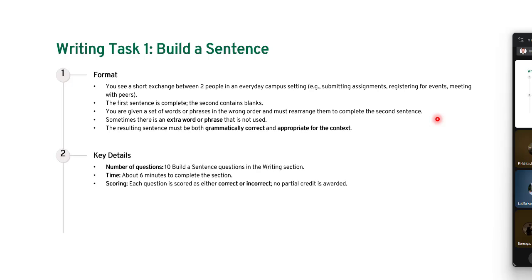The number of questions is 10, and the time is around 6 minutes to complete the whole module. It checks the knowledge of sentence-level grammar and how we appropriately make sentences that give a complete idea or response.